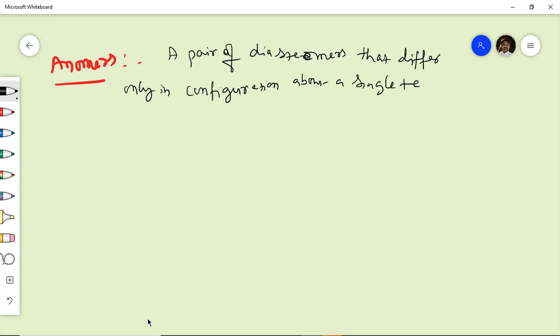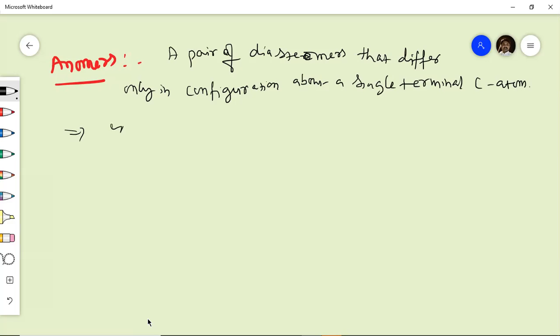But epimers are quite different. The interstitial carbon is the one next to the functional group, but in anomers the carbon atom is the terminal carbon atom.